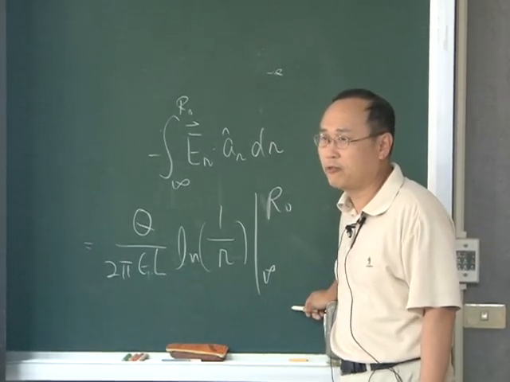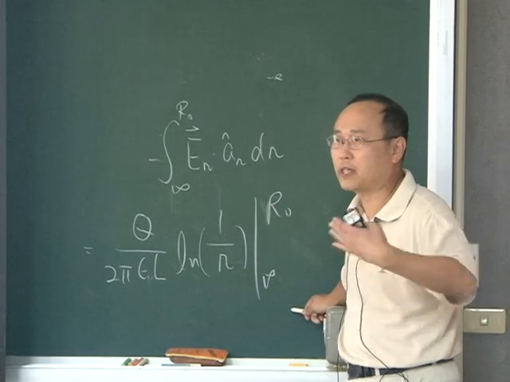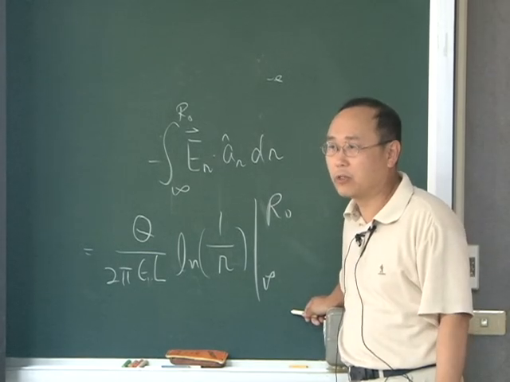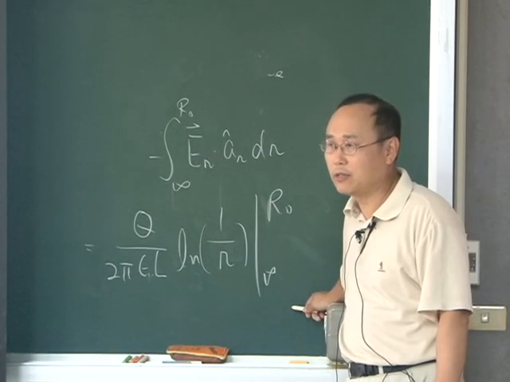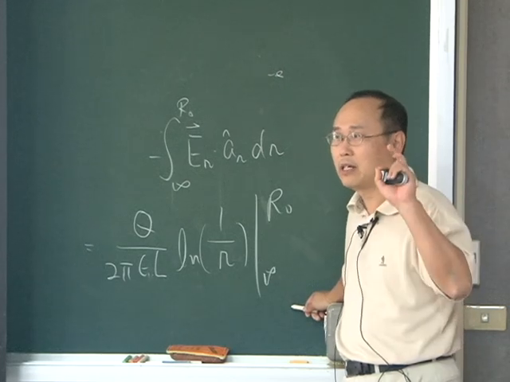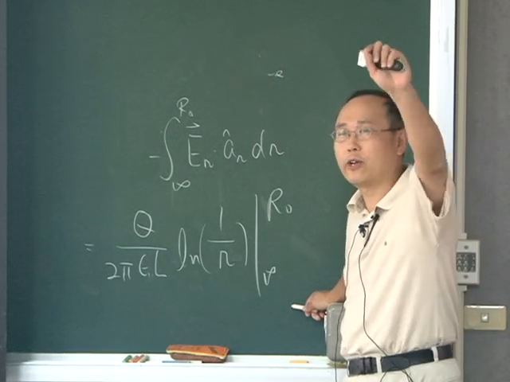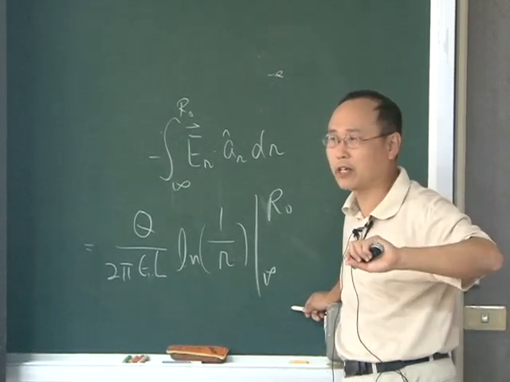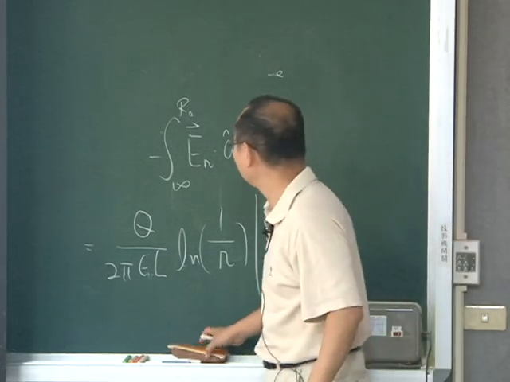Okay, but fortunately, the voltage by definition is the work you have to do by taking a unit positive charge from one location to a second location. So let's do this.